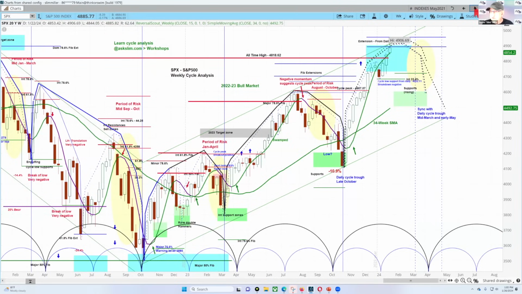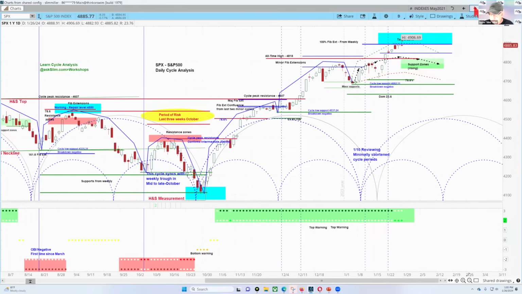So let's take a look here as we look at the daily chart. We do this one a little differently, because what we do is we build basically a cloud, as we call it, the slim cloud. This is two different channels that occur in here. This would be kind of the average expected pattern that we have in here, and it would be making a higher high above that cycle because it was positive, or getting up in here to this target zone, as we call it.